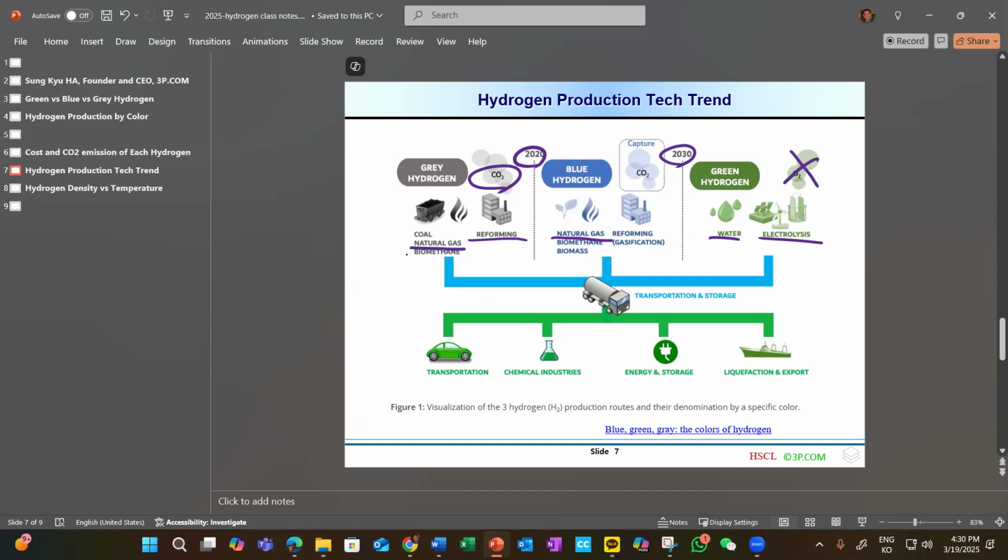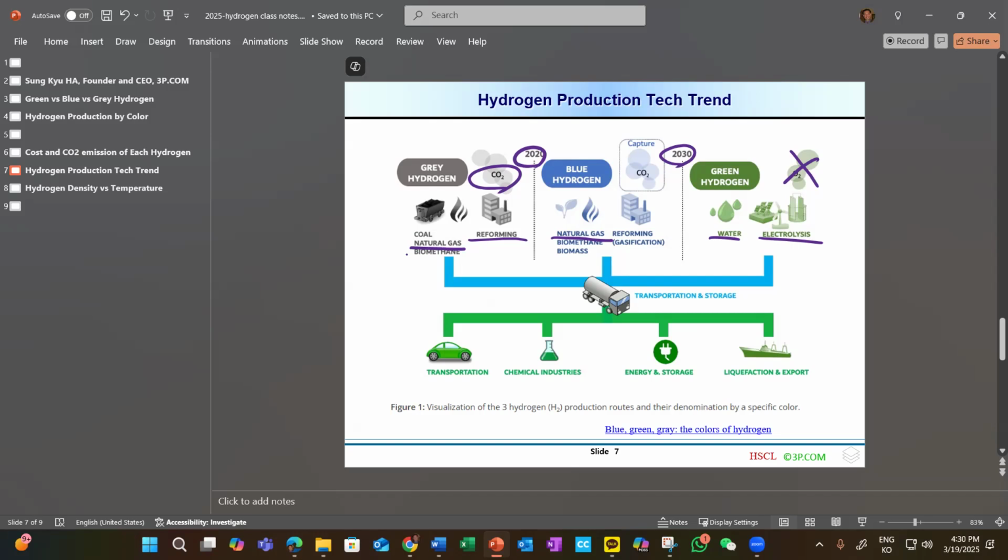But again, all the energy generation methods and industries really depend on the energy policy of each country, even Korea and China, India, and also the United States.